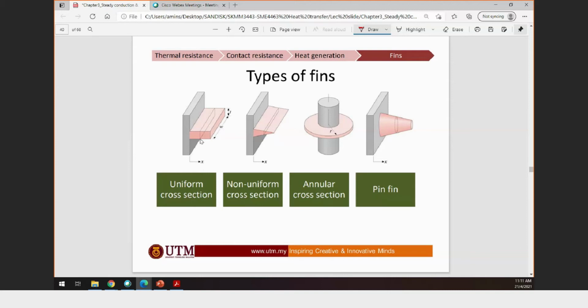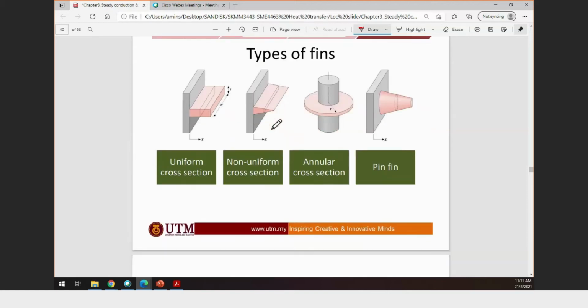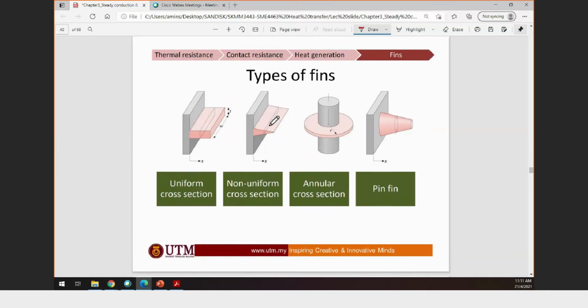And you may have another type of fin called a pin fin. Each design has its own calculation in order to calculate the corresponding heat transfer and also the temperature variation across the fin.